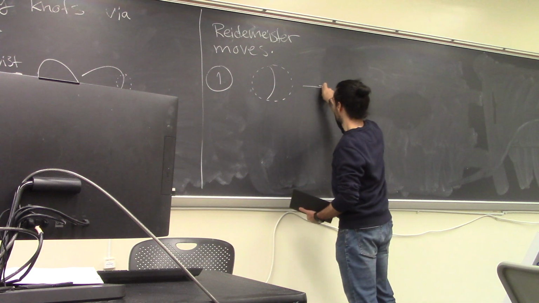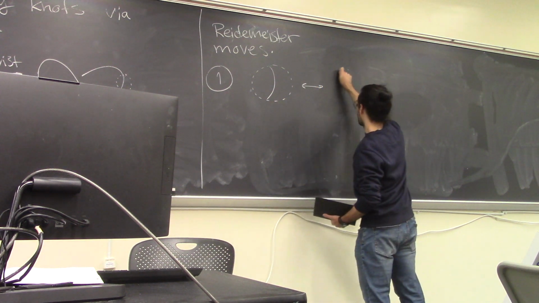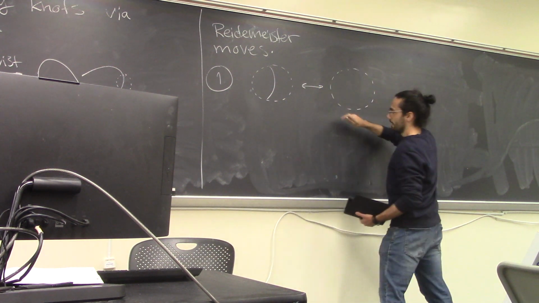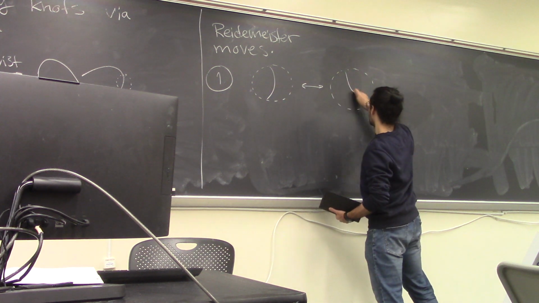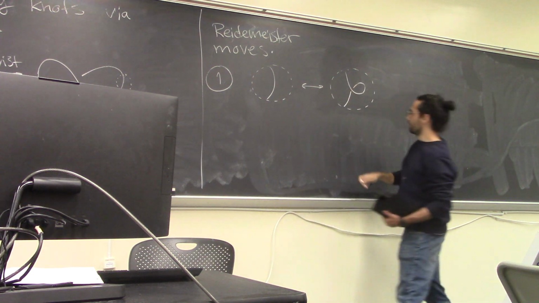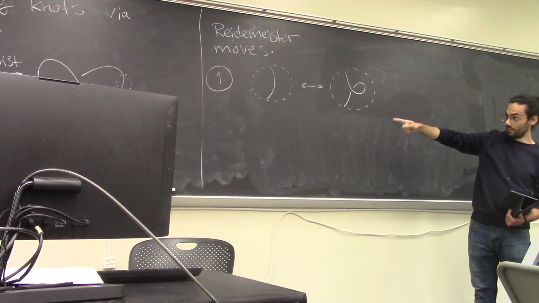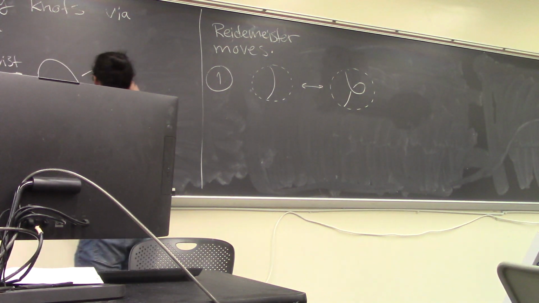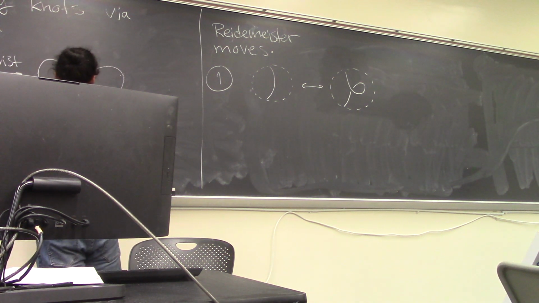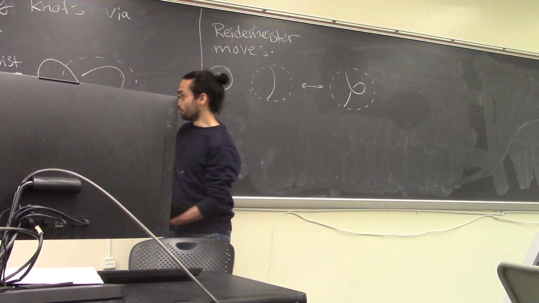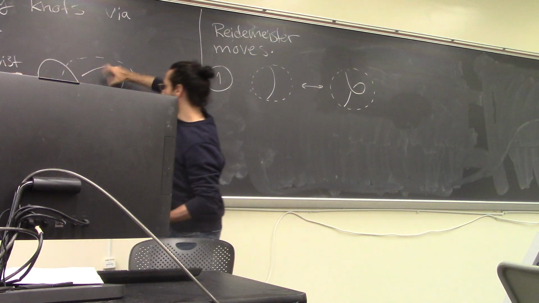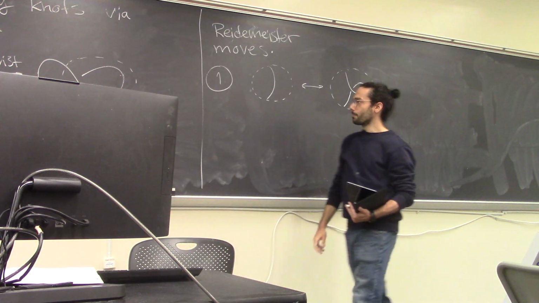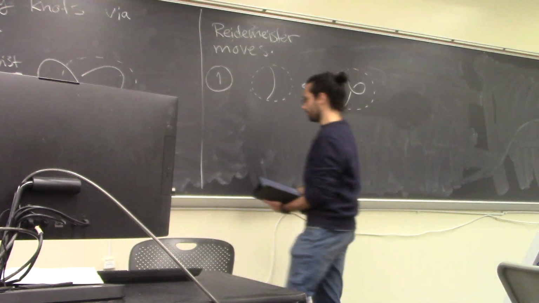So the move is that I change this strand and create a twist like this. Here I took this piece of the knot and I created a twist. Okay. So this is the first move.